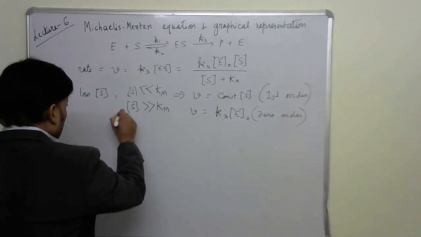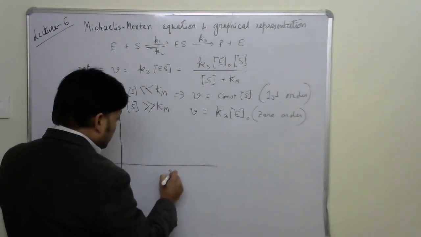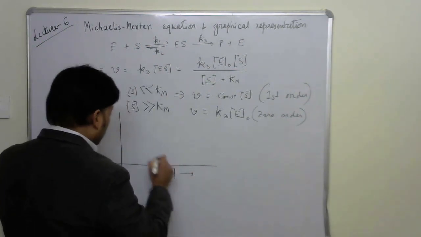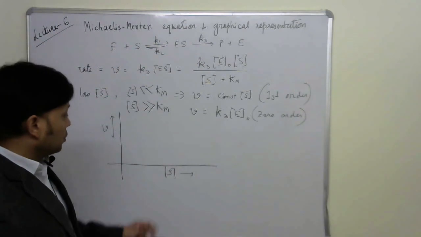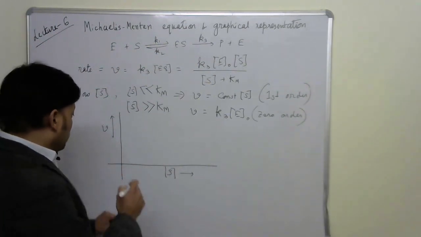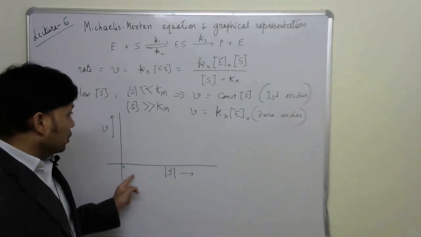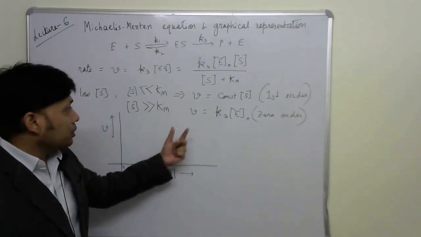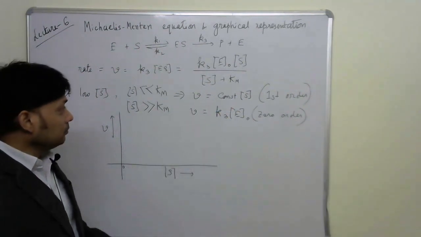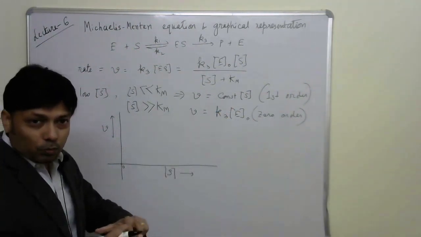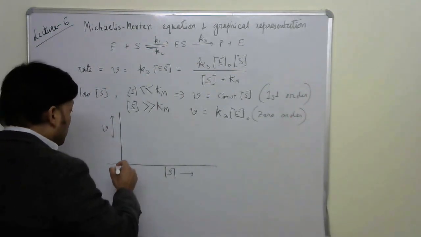Okay, so how do we represent this graphically? Let's plot it by putting the substrate on the x-axis and velocity on the y-axis. The substrate concentration can start from 0. At lower values of the substrate, the V versus S curve is just like the equation of a straight line passing through the origin, y equal to mx.